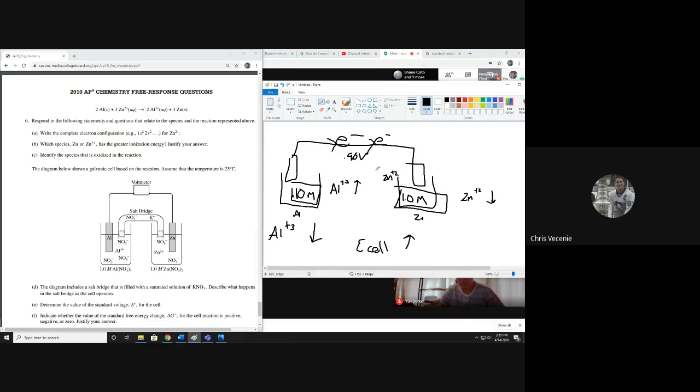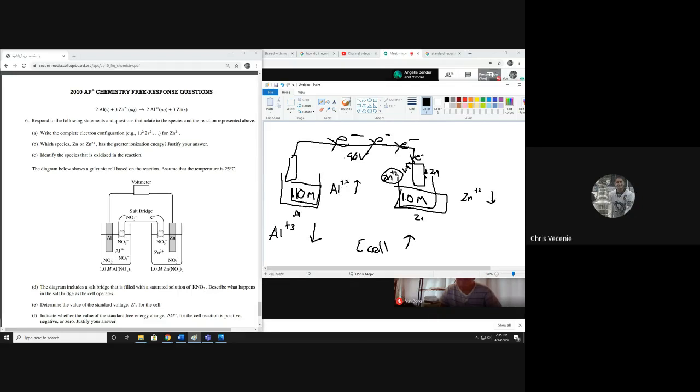How do we lower the Zn+2 concentration over here? You increase some electrons and make it metal. Exactly. More electrons come over, these combine, and we plate out zinc metal, which means more flow to the right.